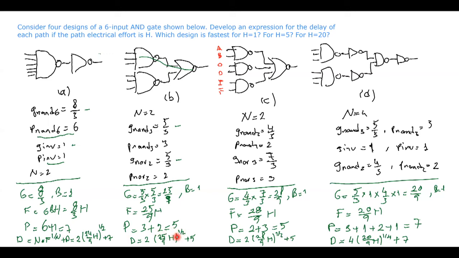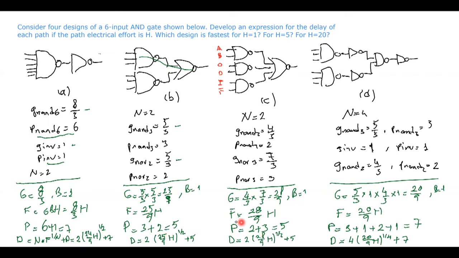And the one that has the lesser path effort, in this case B, will always give you a lesser delay, no matter what H is.